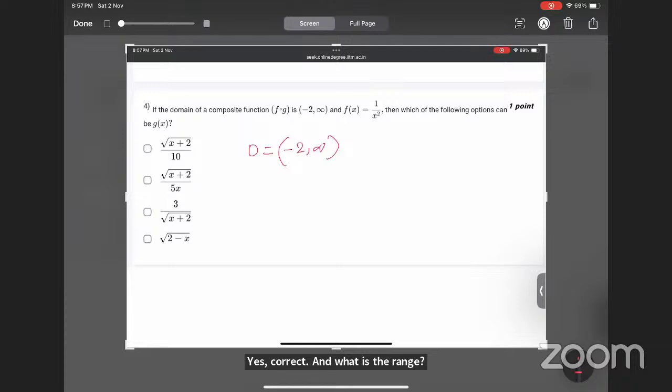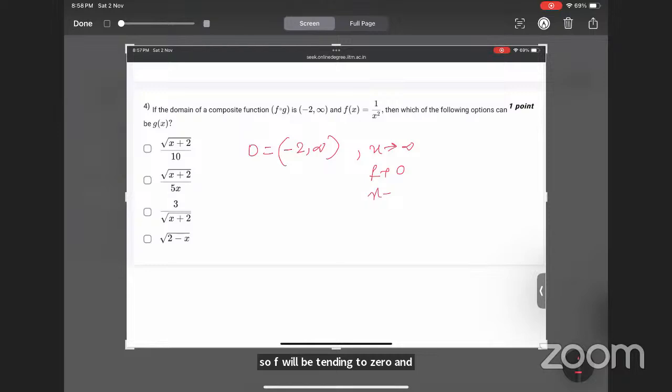Similarly, we have to check the boundary points. If x is extending to infinity, then we get something tending to 0. So f will be tending to 0, and 0 is open, right?